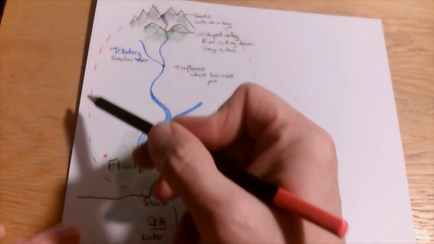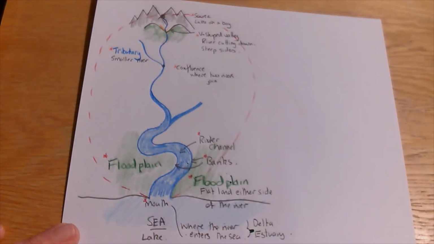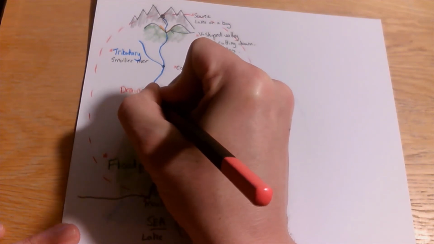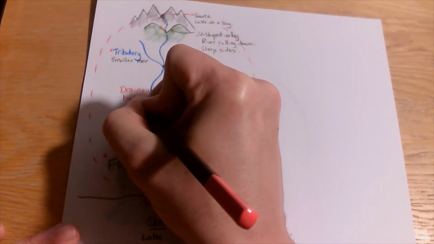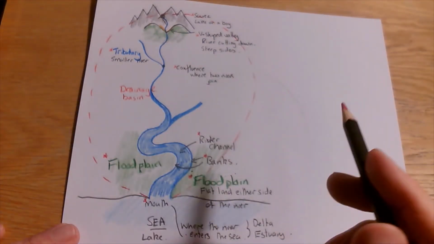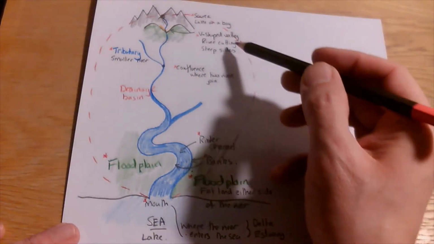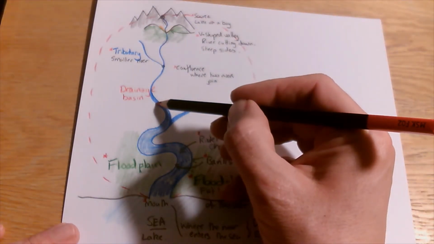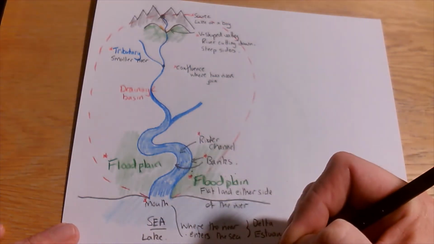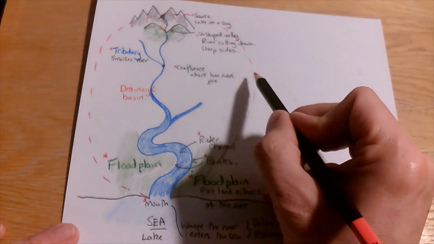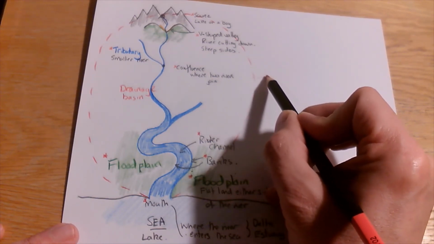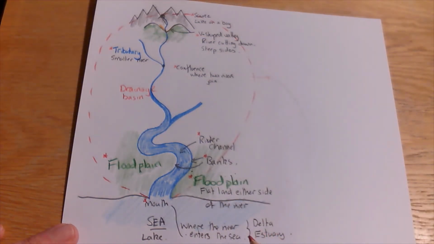And inside that imaginary line, we call it the drainage basin. And what that means is that any rain falling anywhere within that line will end up going into this river and flowing out the mouth here. But any rain falling just the other side, even if it's just 1 meter the other side, that will go into a different drainage basin and flow out to the sea by a different river.